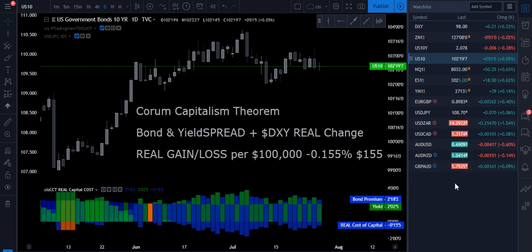And what that initially means is that the value of the dollar, the market value of the dollar, should increase by roughly 0.15%.